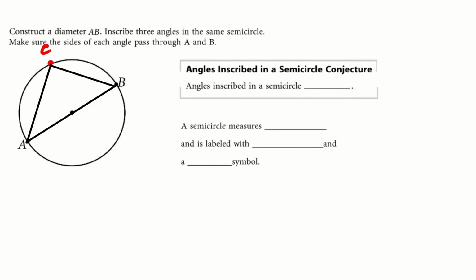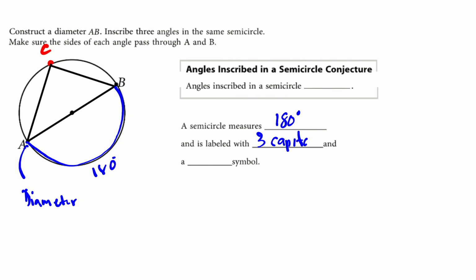Segment AB, that one is a diameter. That means that this here is a semicircle. A semicircle measures 180 degrees. Naming this arc requires three capital letters and an arc symbol.